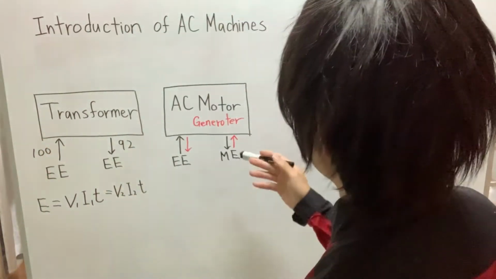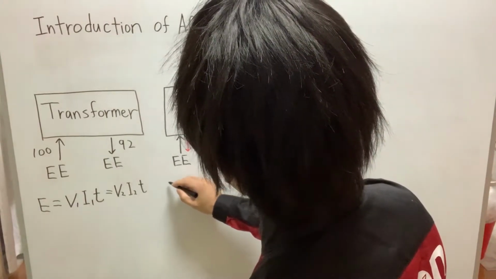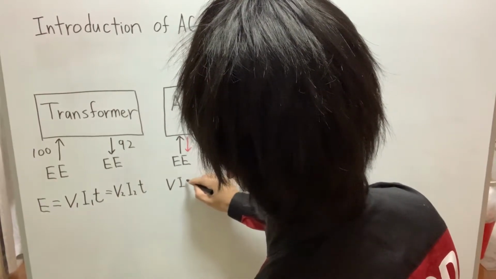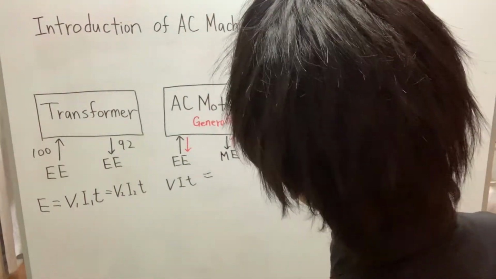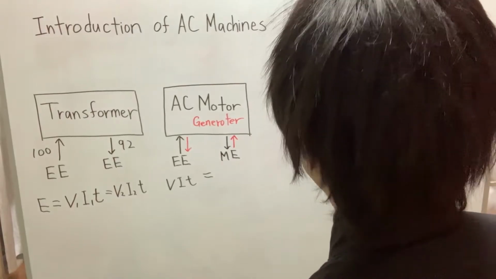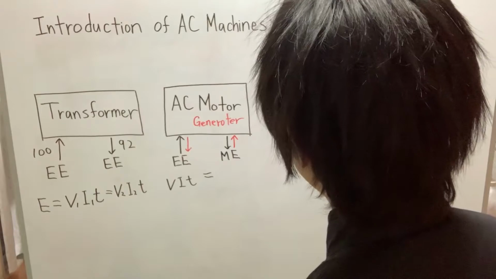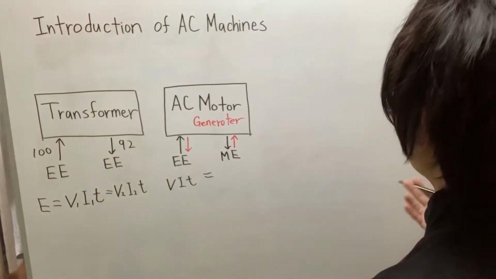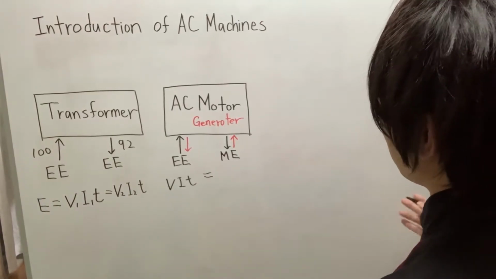All right, so how about the AC motor? So input is similarly voltage and current into time. So how about the mechanical side? All right, so okay, first let's focus on the straight line, linear motion.